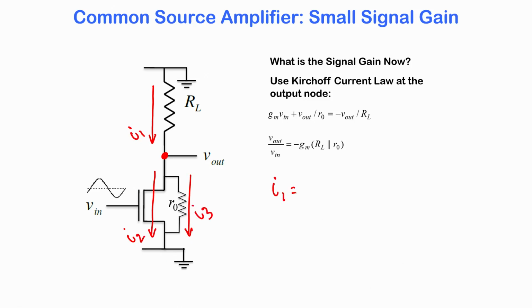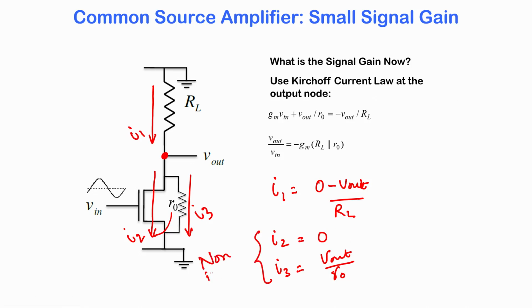I1 is nothing but 0 minus Vout by RL. I2 is 0 because this is an ideal MOSFET. In parallel to this ideal MOSFET is the channel length modulation parameter, and therefore I3 is Vout by RO, and these two together give you the non-ideal MOSFET. So we have I1 equal to I2 plus I3.